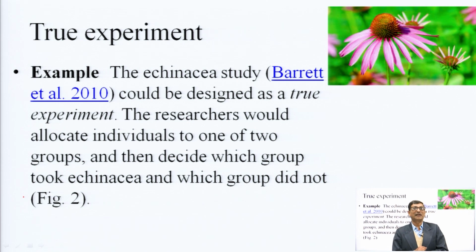In this example, Barrett did a true experiment and allocated the individuals to one of two groups: first the placebo group who did not take Echinacea, and second those treated with Echinacea.